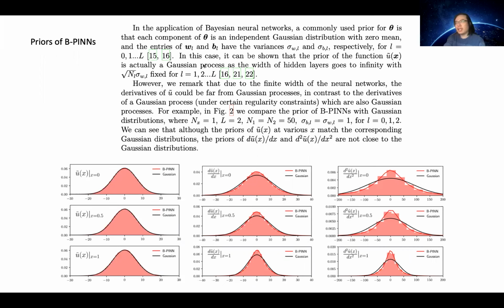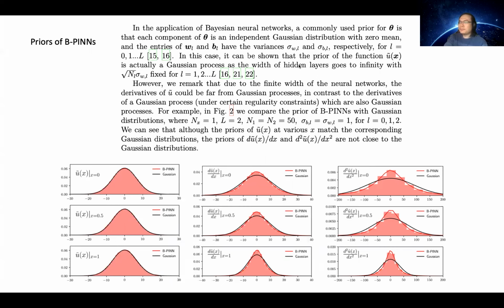The Gaussian process just means that u at finite x is a multi-dimensional Gaussian random variable, as the width of the hidden layer goes to infinity, where of course we need to scale the sigma. This has actually been known for more than 30 years; in the 1990s we already knew that.